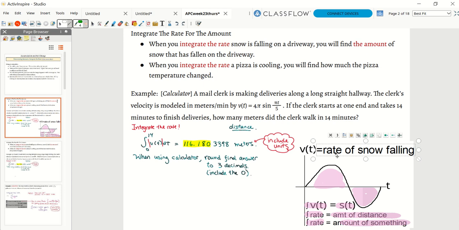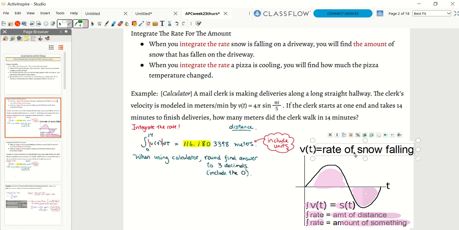Now, we're going to apply that to different contexts, okay? I'm going to do a play on words and say, instead of velocity, I'm just going to say rate, okay? And we said that equals the amount of distance, so to speak, so far. Now I'm going to say the integral of rate is the amount of something. So if v of t is the rate of snow falling, then if you do the integral of that rate of snow falling, you're going to get the amount of snow that fell.